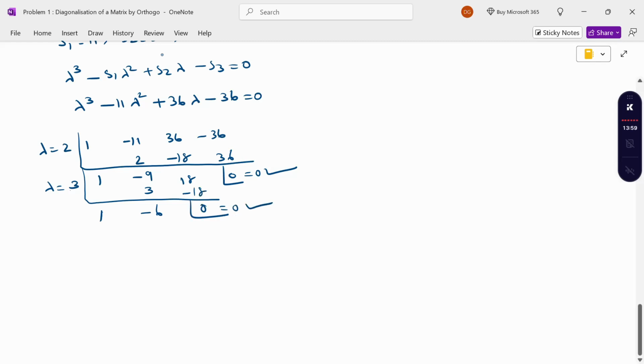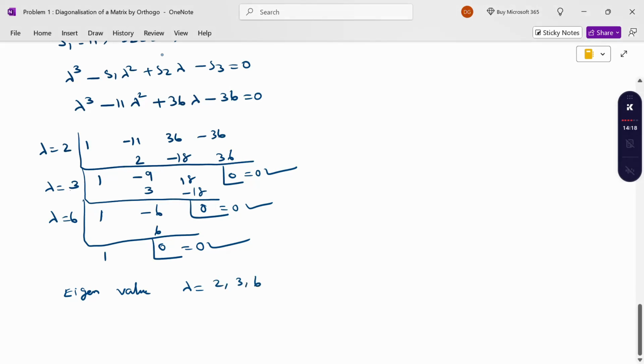Just trial and error we should try. Next lambda 6, 6, 0. So we have eigenvalues lambda 2, 3 and 6. So these are our eigenvalues.